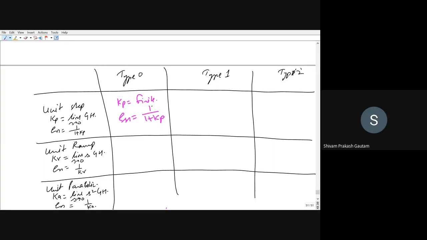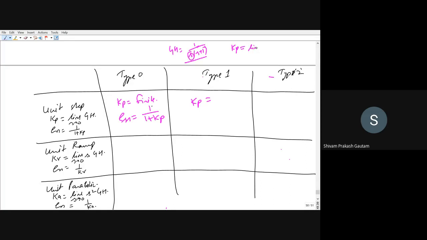Now, if you are having a type 1 system, Kp will be equal to how much? Let us suppose GH is 1 upon s into s plus 1. This is an example of what? A type 1 system, because we are having one pole at origin. I'm just taking an example.